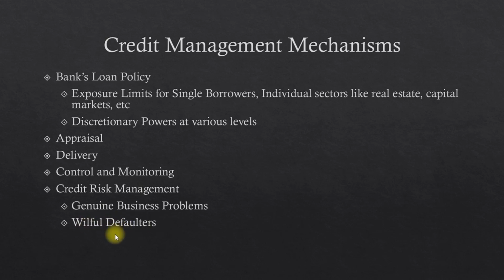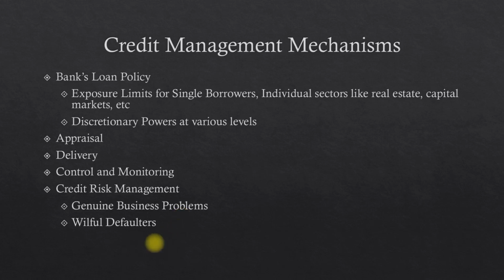In the first case, which is genuine business problems, banks provide additional assistance or concessions to help the enterprise make its operations workable again. This is generally what is known as rehabilitation of sick SSI units and corporate debt restructuring.